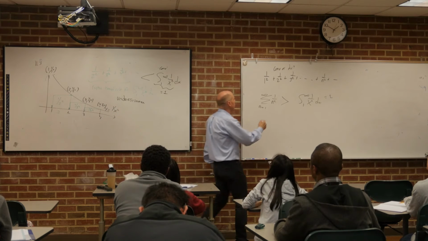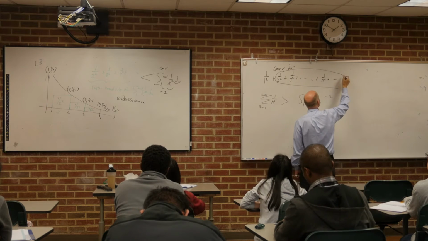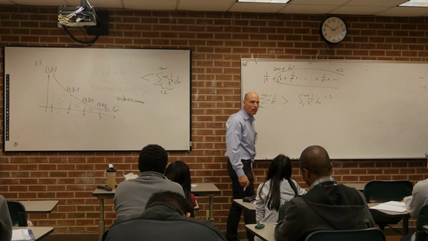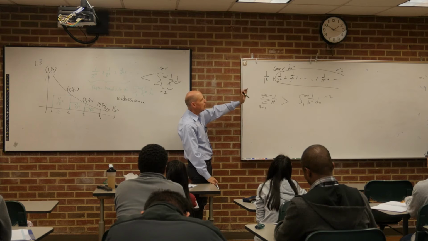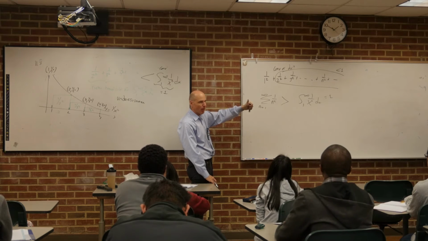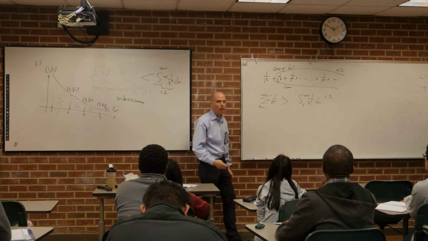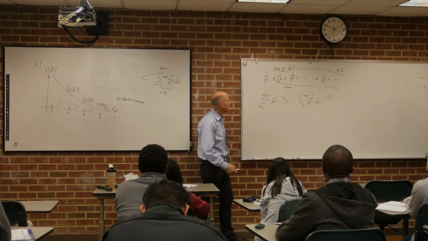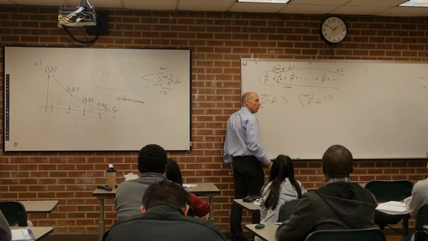So back to my original series, all this stuff adds up to a number less than 1. So what's 1 plus a number less than 1? Could that be infinity? What we have is that from 2 on converges. And if I add 1 to a finite number, it's still going to be finite. So that tells us that even when I add the extra 1 on, it converges.